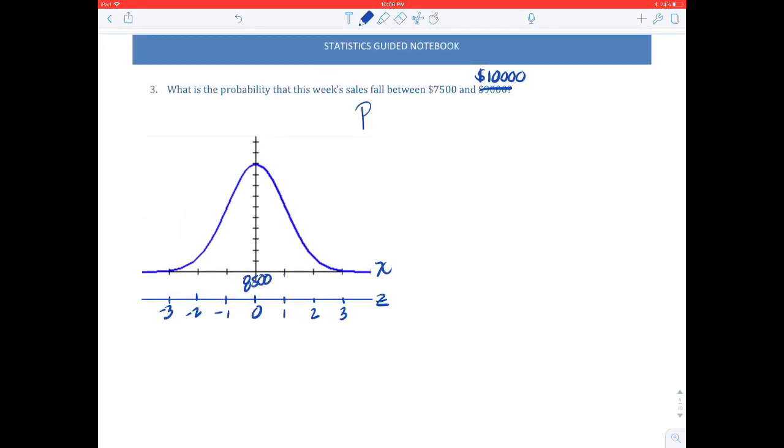So what we're looking for this time, with those z-scores we got last time and the problem before, right? So the probability that x lies between 7,500 and 10,000 is going to be equivalent to the probability that z1 is less than z is less than z2. Remember, that's what we had called those values. So remember that z1 was equal to what?